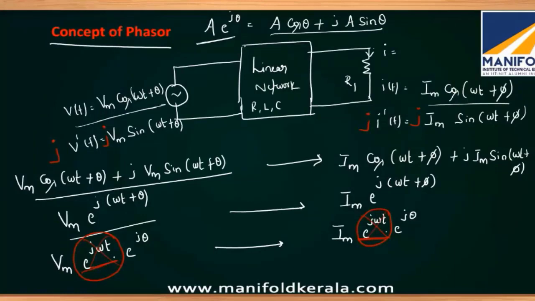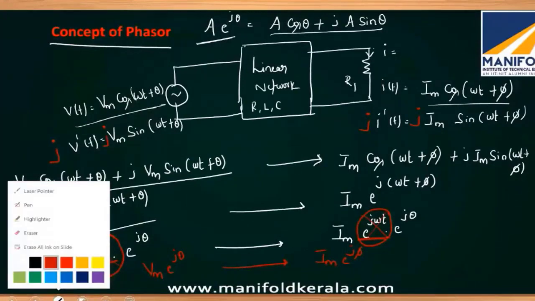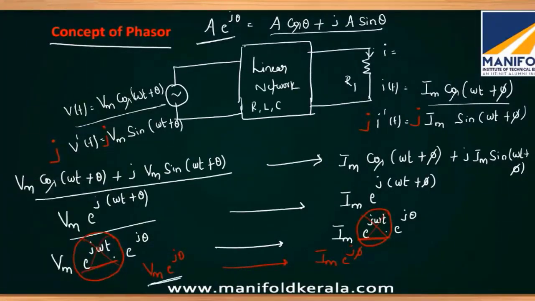Okay. So now what will happen? This will become Vm e power j theta, which is giving Im e power j phi. Understand? So the same thing I can write as, how can you write e power j theta? e power j theta is nothing but cos theta plus j sin theta.